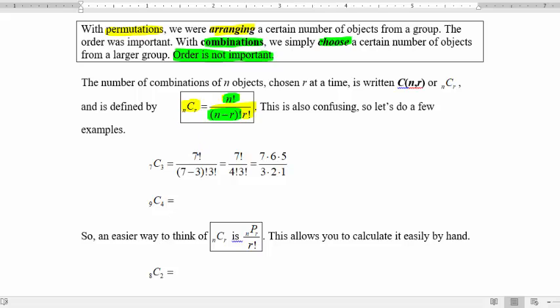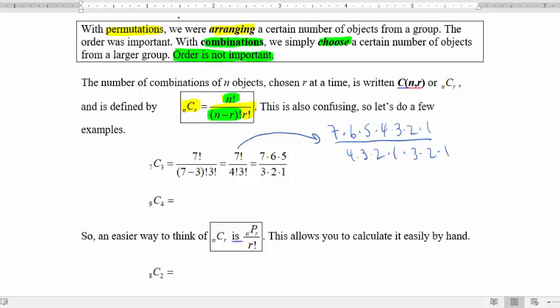Just look real quick at the example that I gave you. 7C3 would have been 7 factorial over 7 minus 3 factorial times 3 factorial, which is really 7 factorial over 4 factorial times 3 factorial. You're going to look at this and say, well, Lopez, how did you get from there to there? If you want to see that written out, it's 7 times 6 times 5 times 4 times 3 times 2 times 1 over 4 times 3 times 2 times 1 times 3 times 2 times 1.